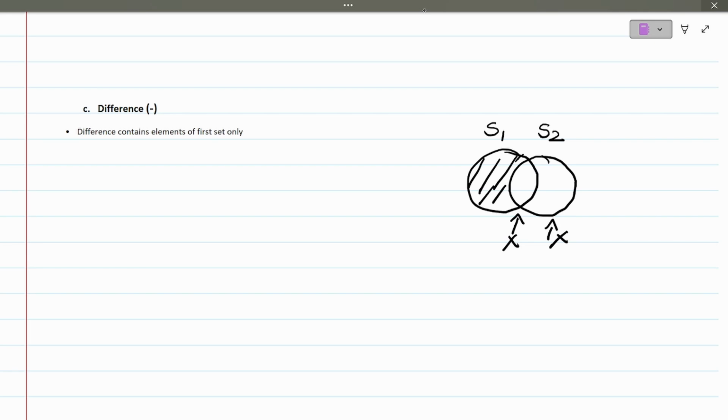Now the definition: S1 minus S2 contains elements where the element belongs to the first set and does not belong to set 2.